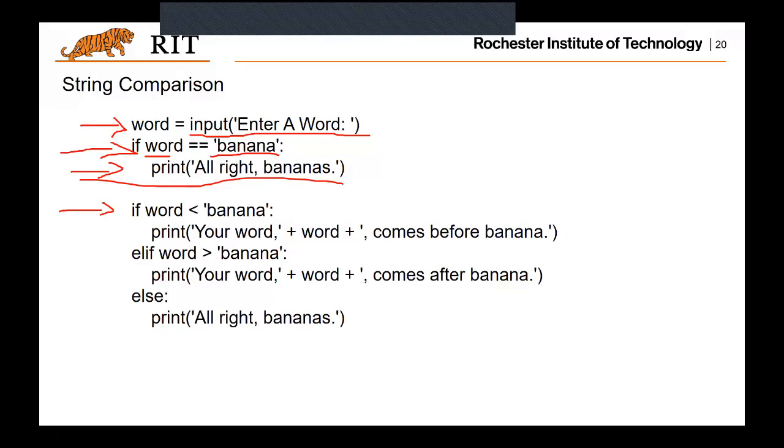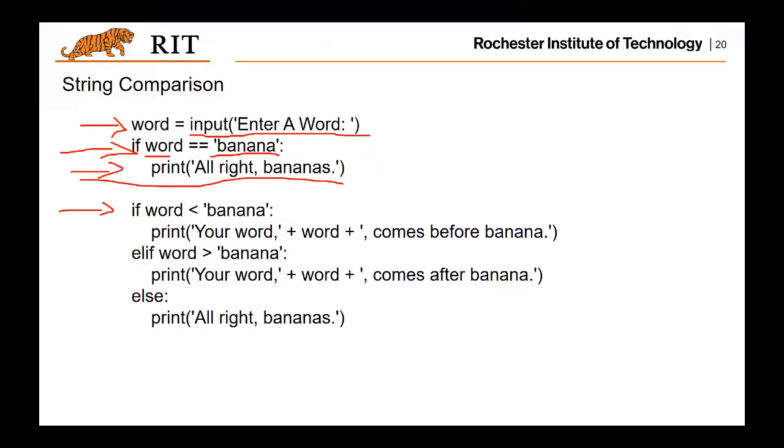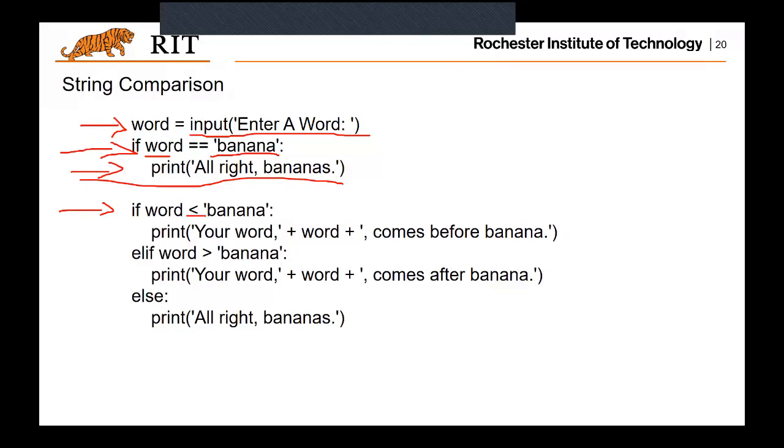Have you tried? It's sorting them in alphabetical order. Exactly. So this compares this string with banana, and the criterion is the initial, the starting character, whether it is before or after B. So in this case, only if the string contained in word starts with A will this be satisfied, right?